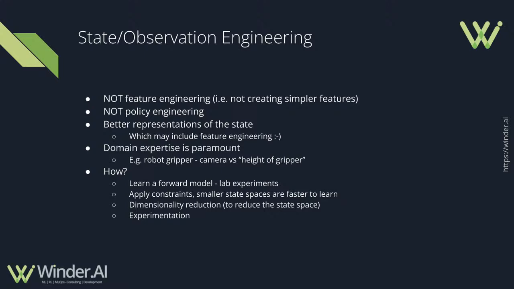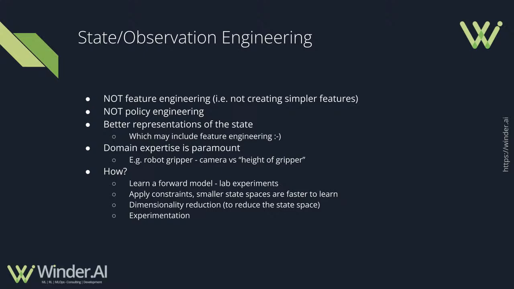You can apply constraints, smaller state spaces and smaller action spaces, basically trying to reduce the complexity of the environment. That really helps because it makes it easier and faster to learn. Again, dimensionality reduction. Quite often the observation is not a perfect representation of the state, obviously, which is why it's called an observation, and it includes a large amount of information that is not useful.